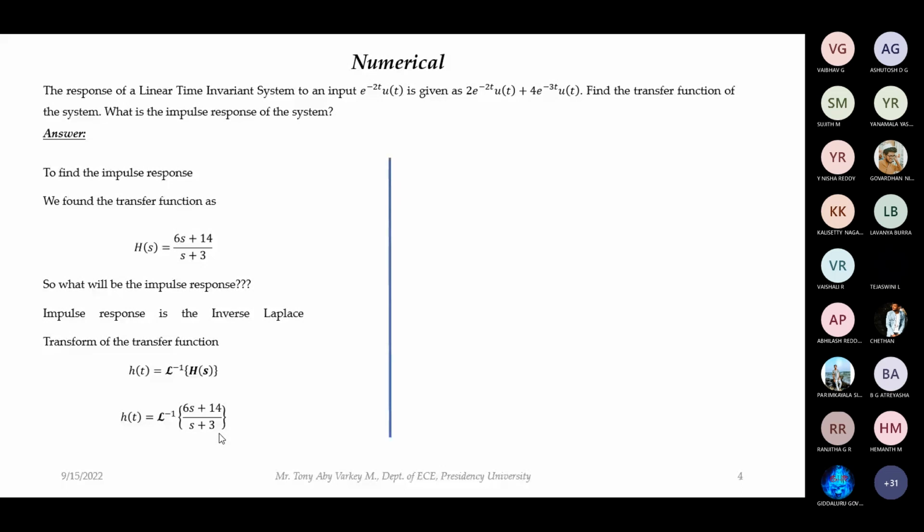You just have to divide it, correct? So I will divide it. So can you tell me what will be the quotient? 6s plus 14 divided by s plus 3.